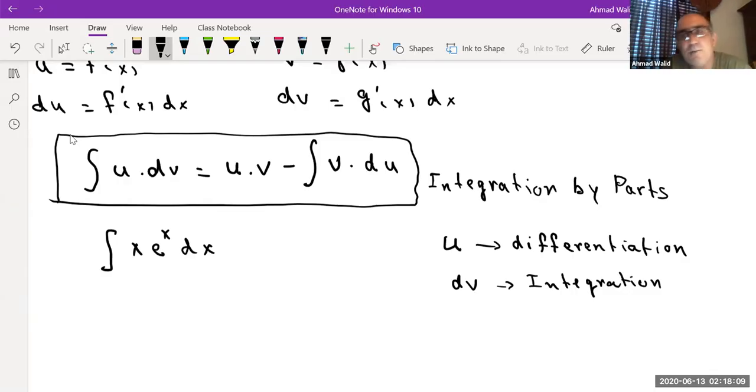I will give you that note, but later I'll give you really an easy way how to choose. In your book, it says choose your V such that the integration is possible, or choose U the way that differentiation is possible.